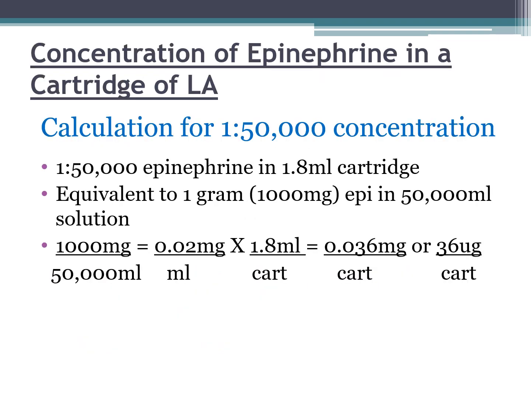What is the concentration of epinephrine in a cartridge of local anesthetic? If you want to calculate the 1 in 50,000 concentration of epinephrine in a 1.8 mL cartridge, every cartridge is 1.8 mLs.